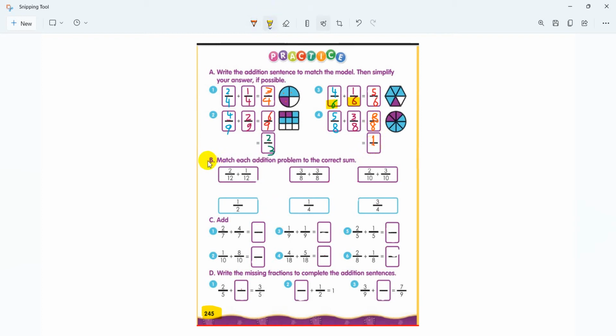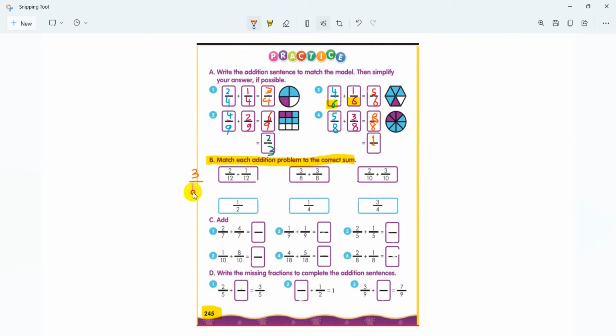That's about number A. Number B, match each addition problem to the correct sum. The first one, you can notice that 2 twelfths plus 1 twelfth equals 3 twelfths. But down here we don't have 3 twelfths, so we need to simplify 3 twelfths.